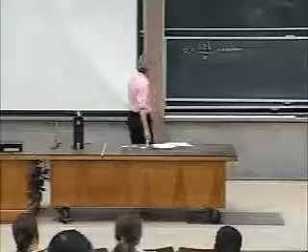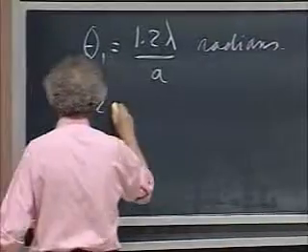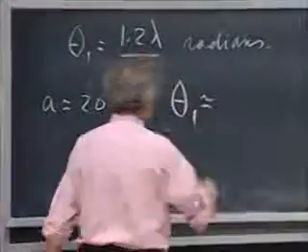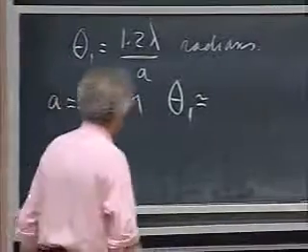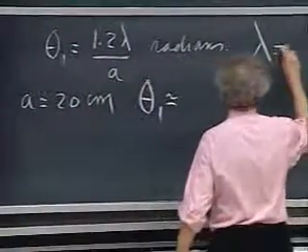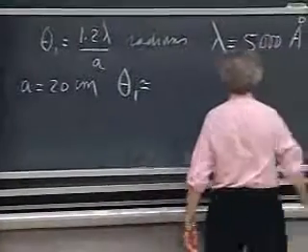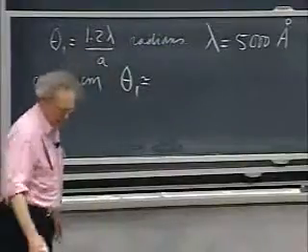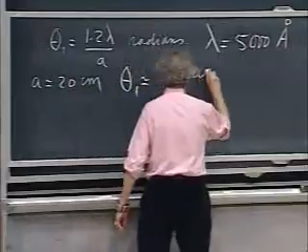If you take a lens with a diameter A of about 20 centimeters, then that translates into a theta 1 of about half an arc second for 5,000 angstroms. So I take lambda as 5,000 angstroms. Remember, an angstrom is 10 to the minus 10 meters. So theta 1 then becomes half an arc second, 0.5 arc seconds.